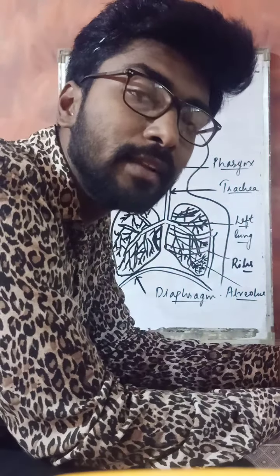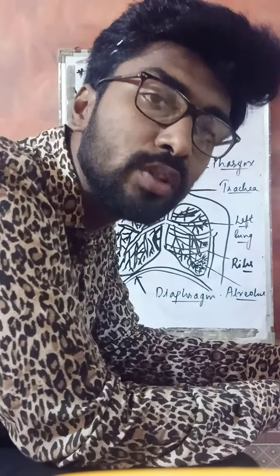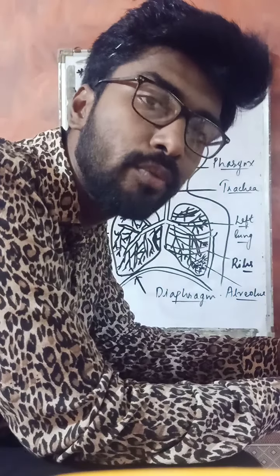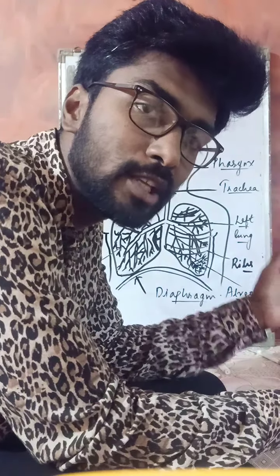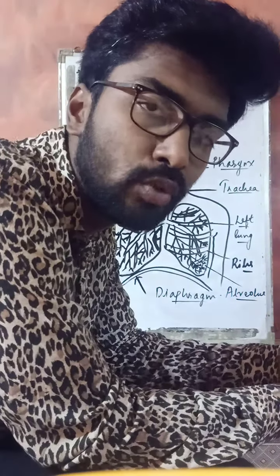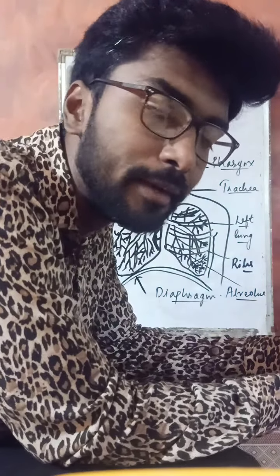The nasopharynx is the upper part, and it allows the entry of the air through which it enters into the trachea, and the food material through the lower oropharynx enters into the esophagus. So air from the nasopharynx will enter into the trachea, food material from the oropharynx will enter into the esophagus, hence it is called a common passage for the entry of food and air.